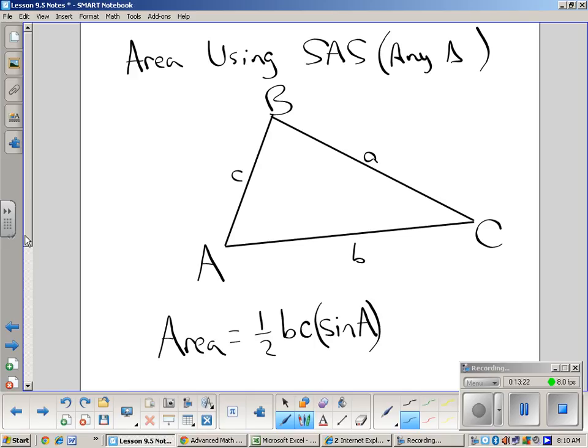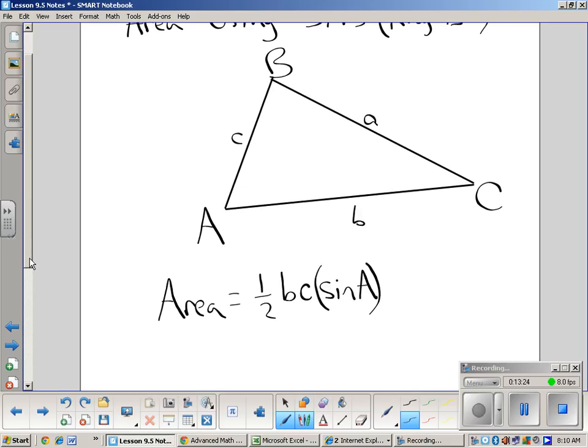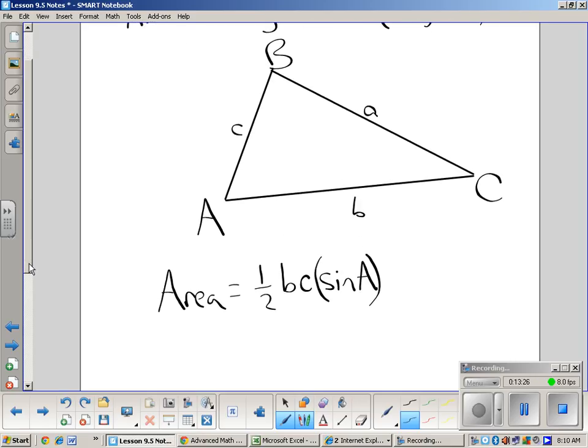Now this formula could be written differently. What's important that you understand here is if I know this angle right here, and if I want to use side angle side to find the area, then I also have to know the sides that are touching that angle. So all I need to find the area of this triangle is to know this side, and the angle in between them.